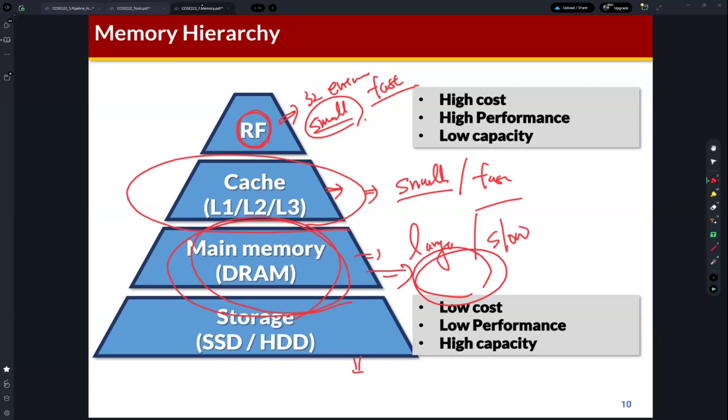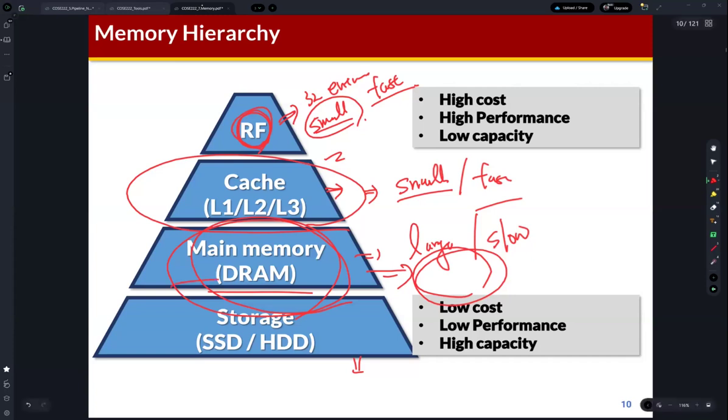We did not learn about the cache yet, but you can just understand that the DRAM size is larger than the register file. When we compare the size and performance of main memory and cache, the cache size is smaller, and caches are faster.